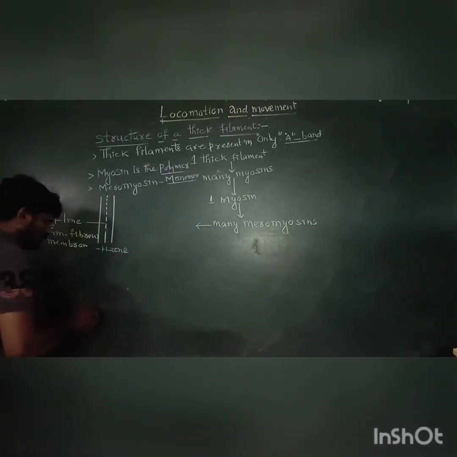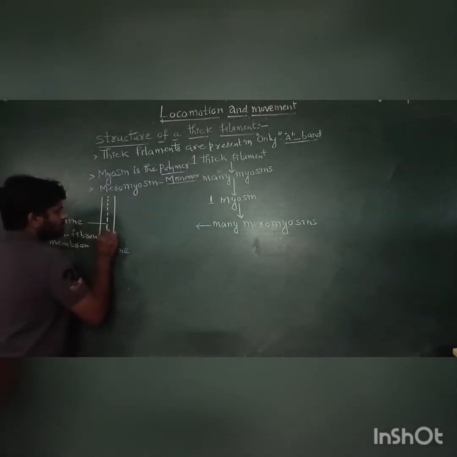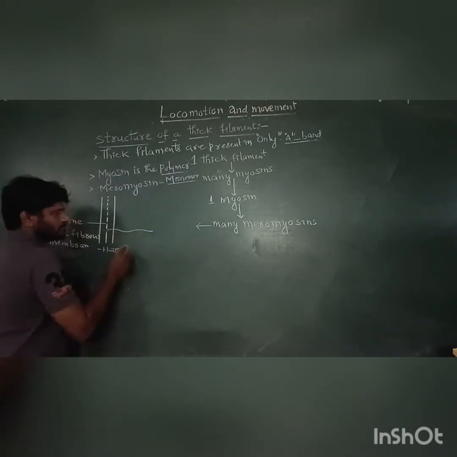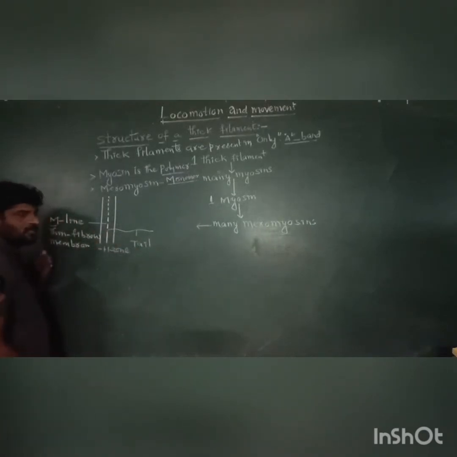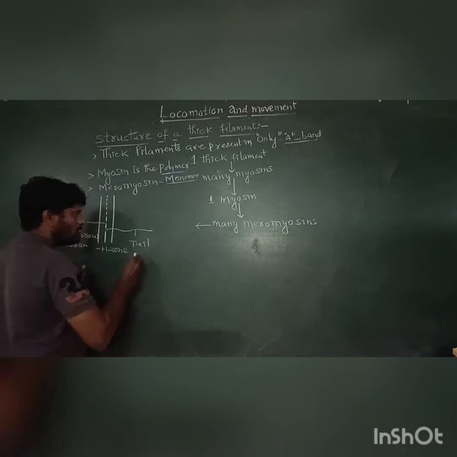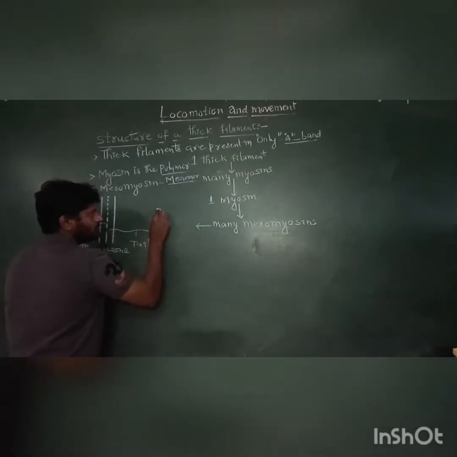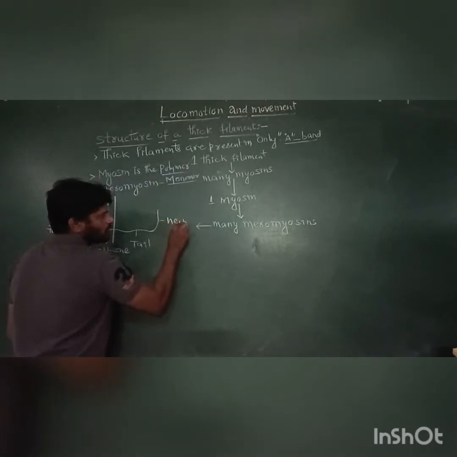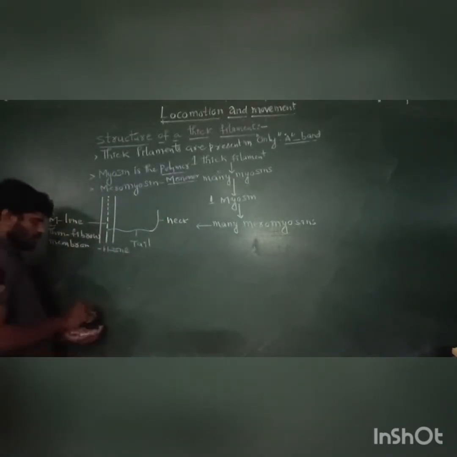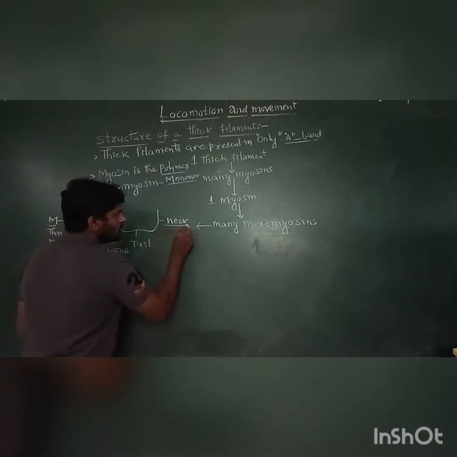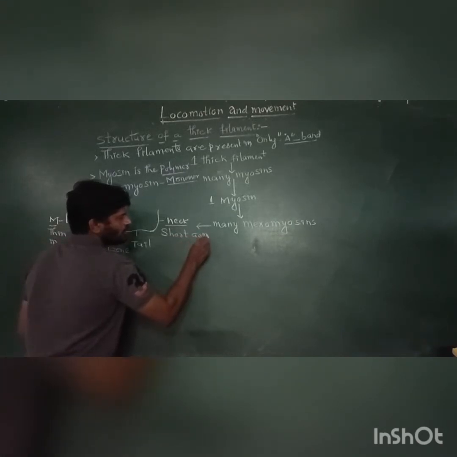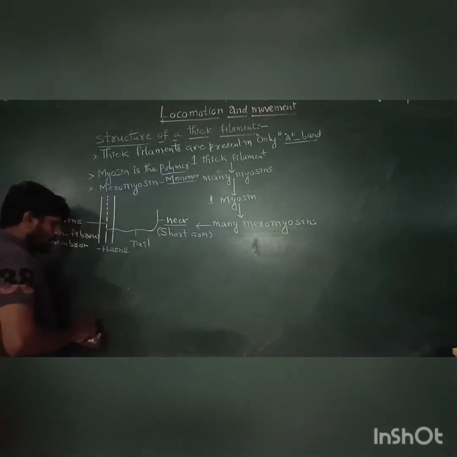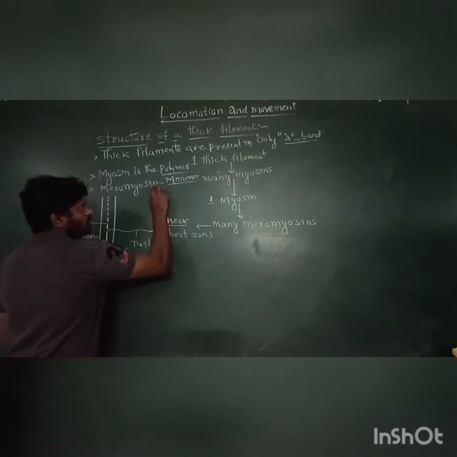The structure of a meromyosin is as follows. Each meromyosin contains a tail, a neck, and a head. The neck is also called the short arm.